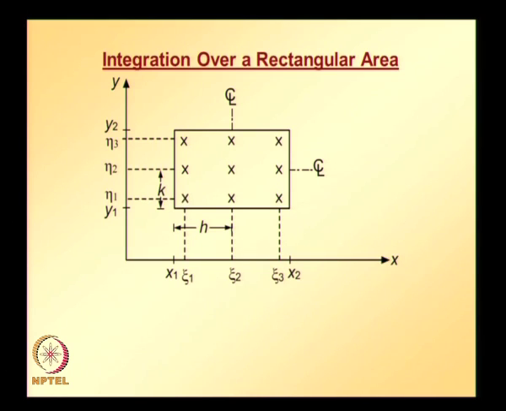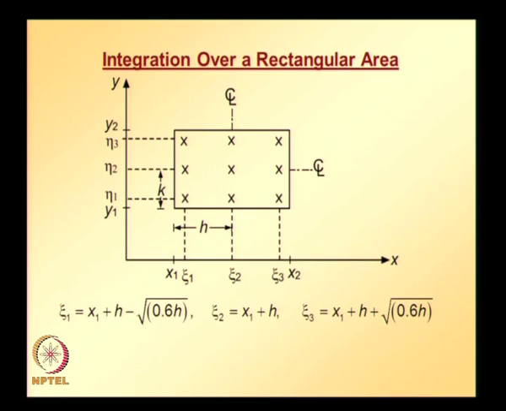So, if we have the values of psi 1, psi 2, psi 3, eta 1, eta 2, eta 3, we can take the Cartesian product of these and get the locations of all the integration points, and at each integration point we multiply the weight along psi direction times the weight along eta direction, and then we get the total weight. So, we first identify what these psi 1, psi 2, psi 3 are in terms of x coordinate x1.